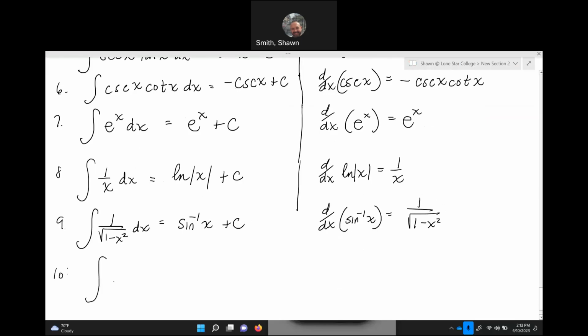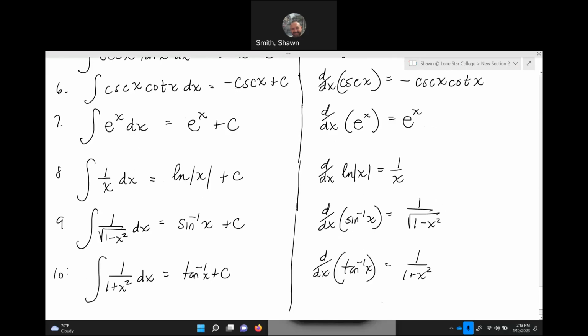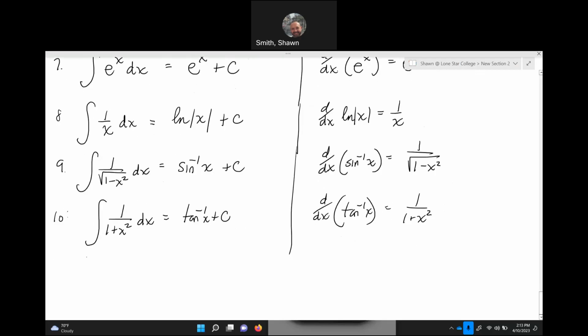Its integrand is 1 over 1 plus x squared dx. That's your inverse tangent. I always find the inverse trig function ones fairly simple to remember because they're very similar to each other. Just remember which ones have the negative. The inverse cosine would be the negative of the inverse sine.